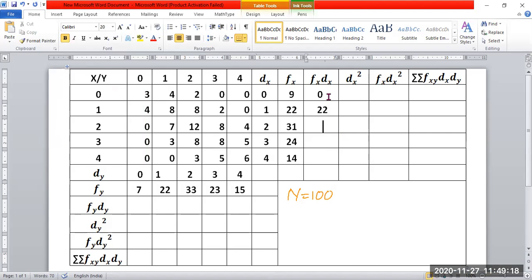Next, 2 into 31, that is 62. Next, 24 into 3, 72. Next, 4 into 14, 56. Then come down: fy into dy, 0 into 7, 0.